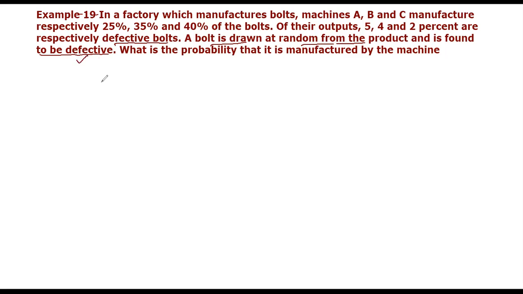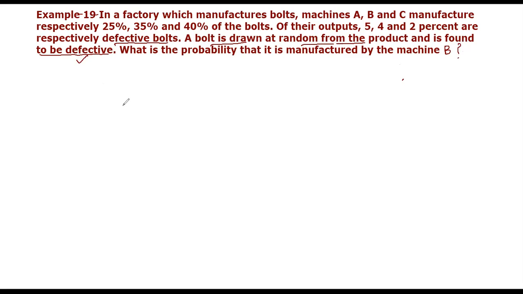Our experiment is that a bolt is drawn, and it is defective. Then show that it is manufactured by the machine B.